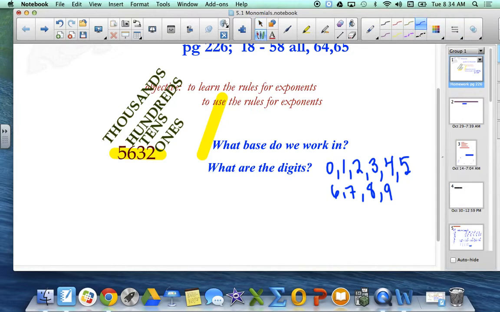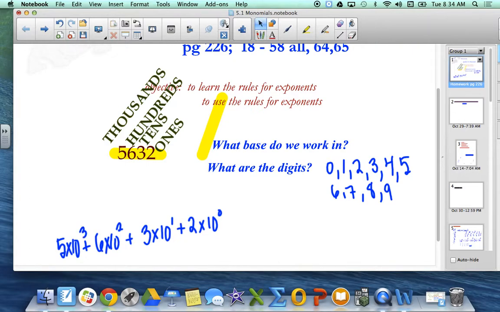So basically what we have in this number is 2 times 10 to the 0 power, because anything to the 0 power is 1, plus 3 times 10 to the first power, plus 6 times 10 to the second power, plus 5 times 10 to the third power. So that's really how that number comes about.